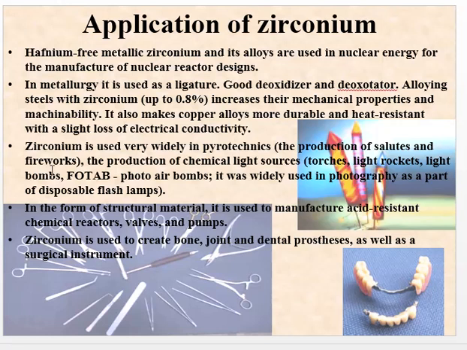In the form of a structural material, it is used to manufacture acid-resistant chemical reactors, valves, and pumps. Zirconium is used to create bone, joint and dental prostheses, as well as surgical instruments.